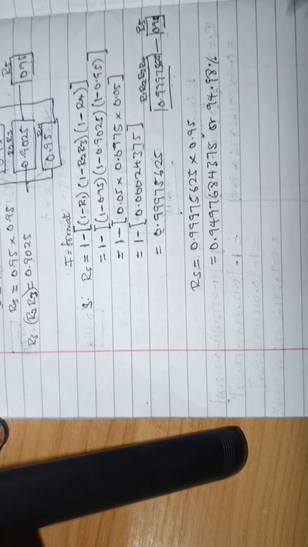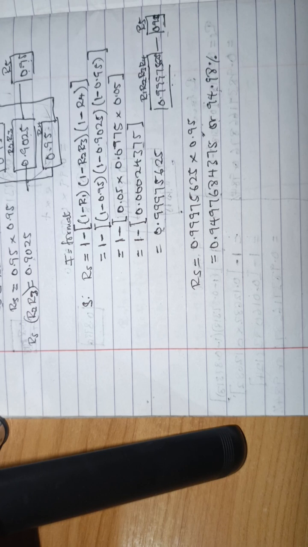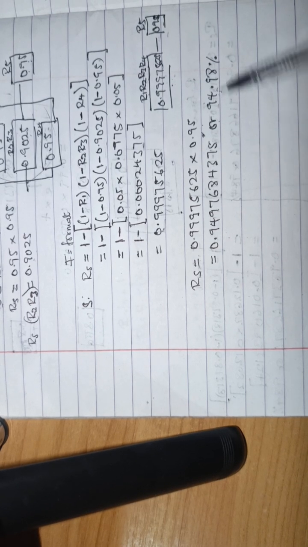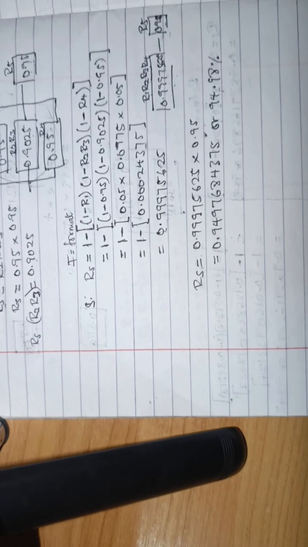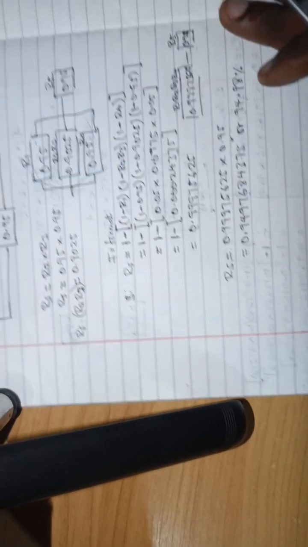All right, so let's use the other format, the reliability format, to see whether we'll arrive at 94.98%. Okay, I think that will be the last one, and I presume you understand reliability. All right.